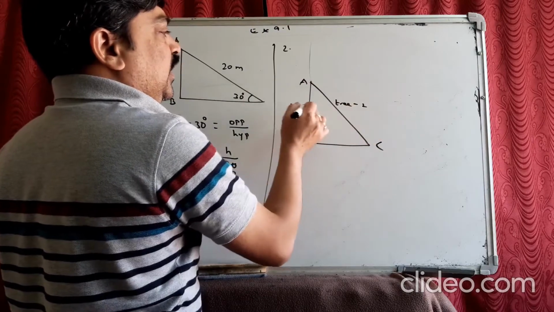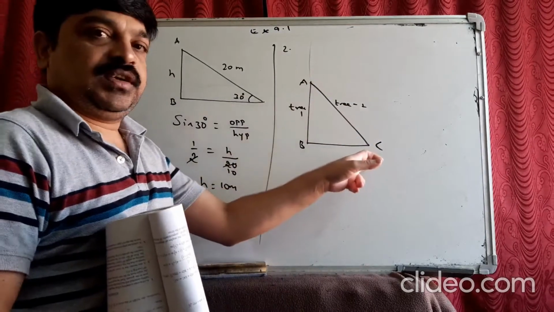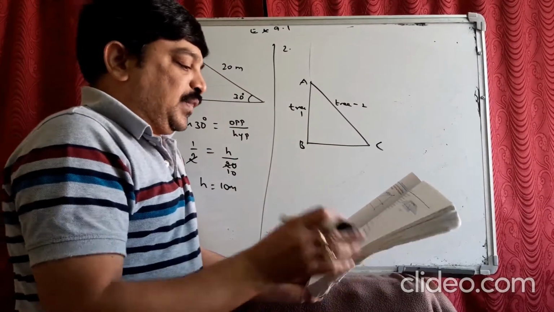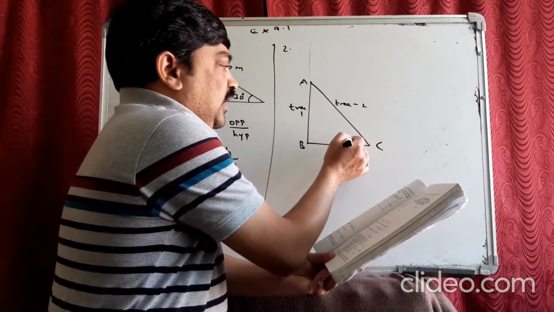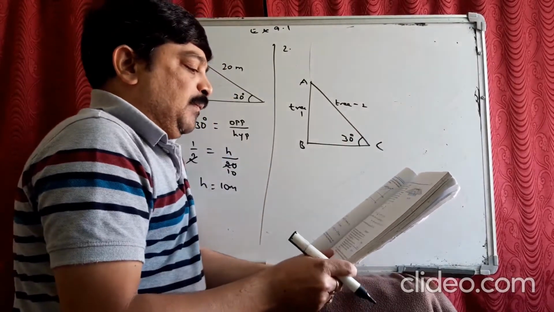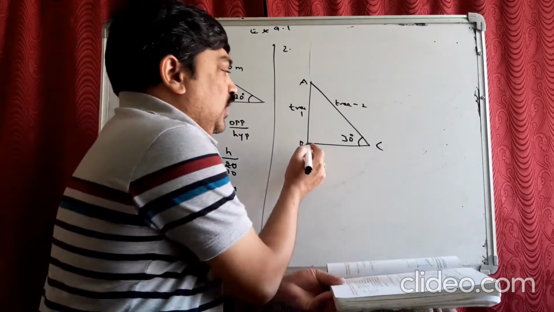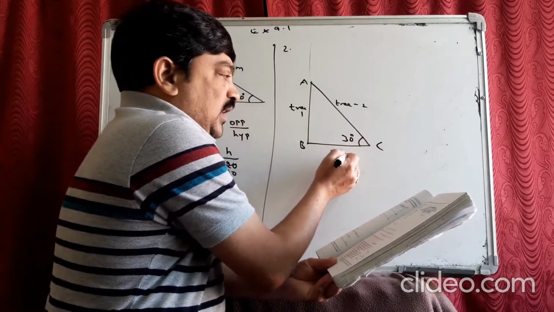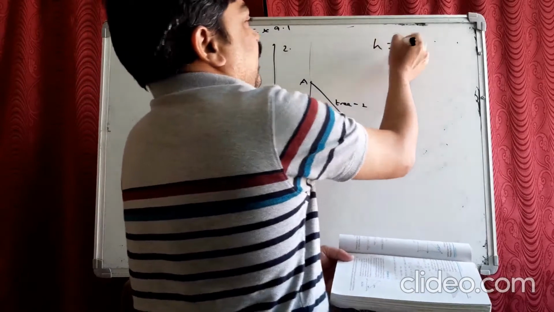Tree 2 we take, tree 1 we take, because it is a broken part. The broken part falls on the ground. Now what happens? It touches the ground making an angle of 30 degrees. The distance between the foot of the tree and the point where the top touches the ground is 8 meters. And you are asked to find the height of the tree. Height of the tree, h, we need.